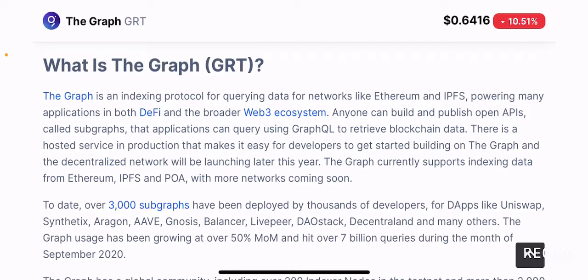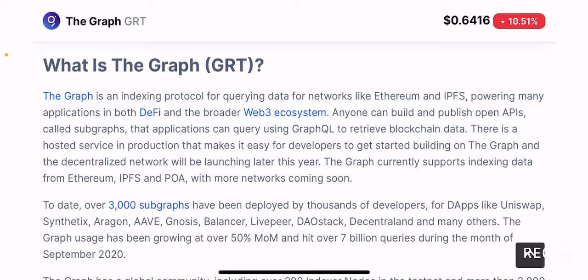There is a hosted service in production that makes it easy for developers to get started building on the Graph, and the decentralized network will be launching later this year. The Graph currently supports indexing data from Ethereum, IPFS, and POA, with more networks coming soon.